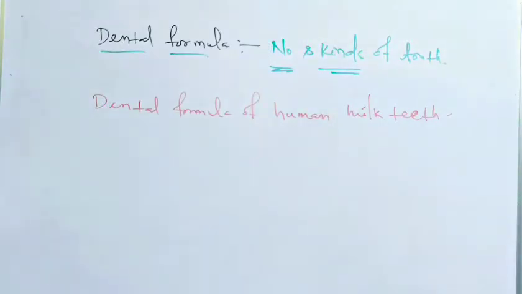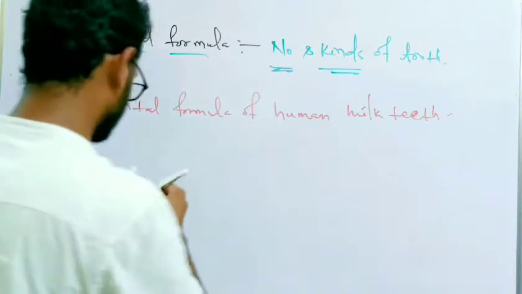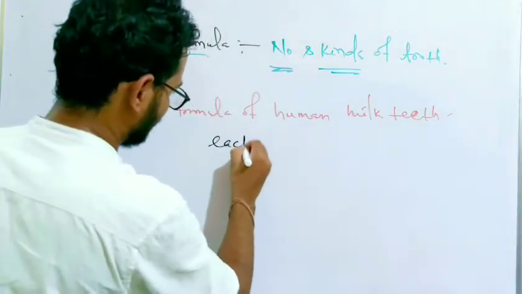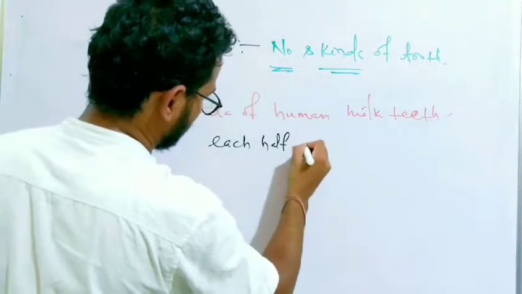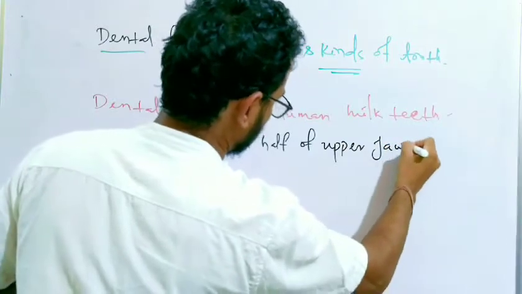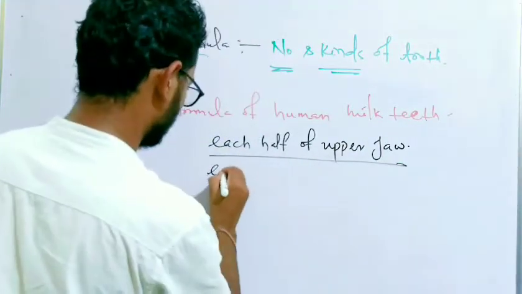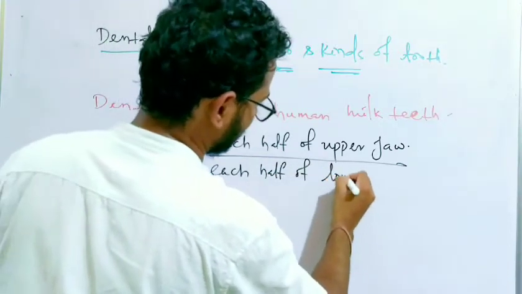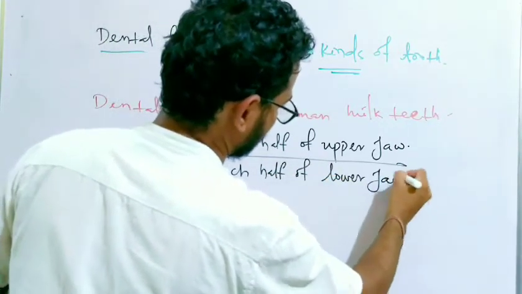It is represented with each half of upper jaw. The formula is like this: each half of upper jaw divided by each half of lower jaw. Clear?